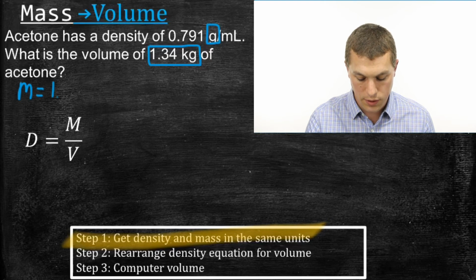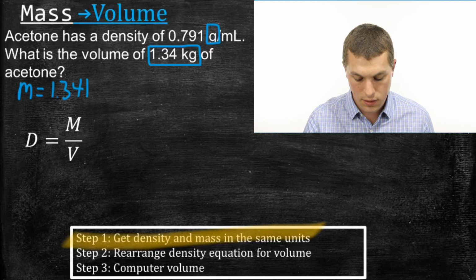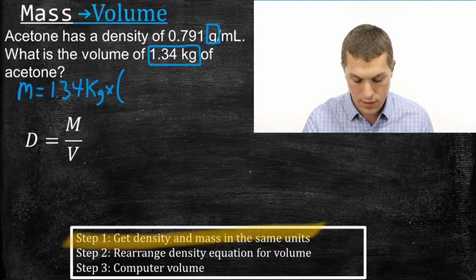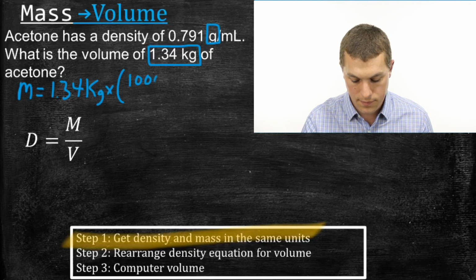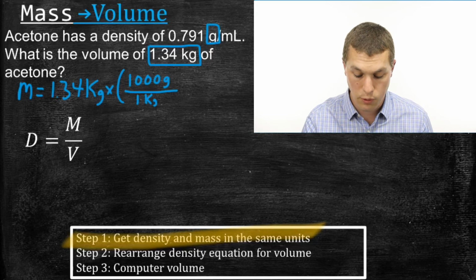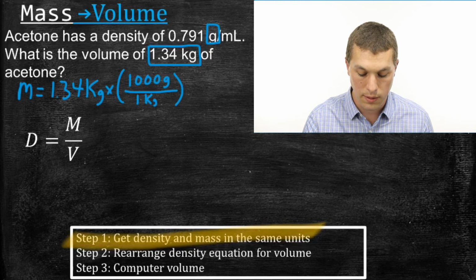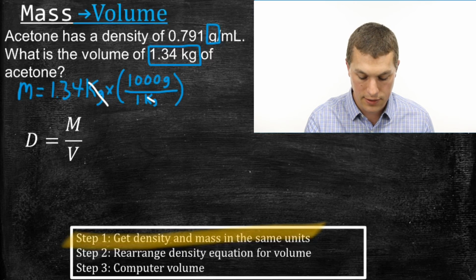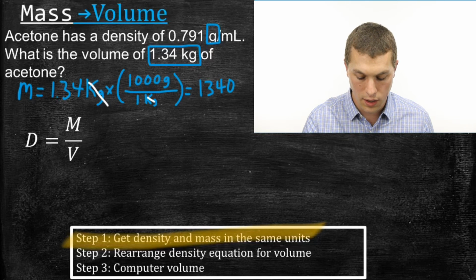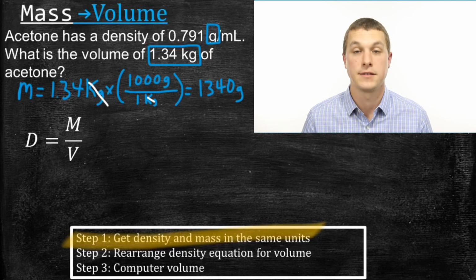So our mass is equal to 1.34 kilograms, and we're going to multiply that by 1,000 grams over 1 kilogram. That's the same way we converted from grams to kilograms a few problems back. Notice again, our kilograms cancel out, and that's going to give us 1,340 grams for our mass.